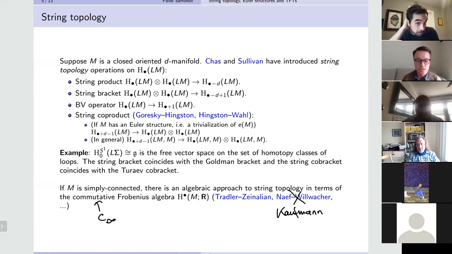Right. Yeah. So basically, originally, as far as I was aware, it was defined by Tradler and Zeinalian, this BV structure on the Hochschild cohomology of a commutative Frobenius algebra. And I guess Ralph Kaufmann proved that it coincides with the geometric one that comes from intersection theory.